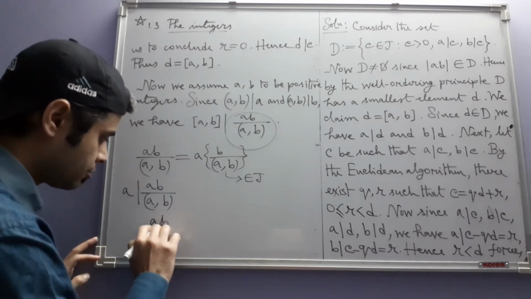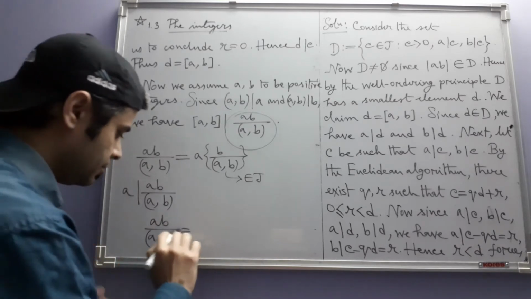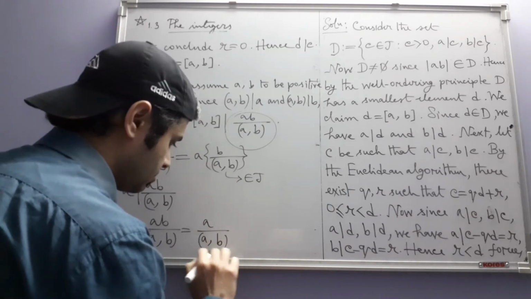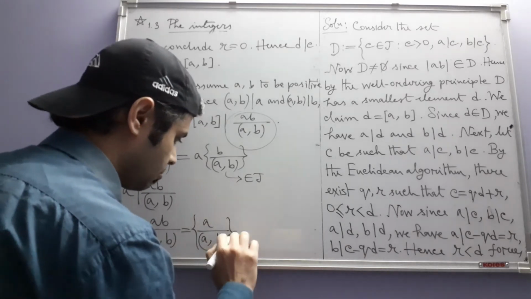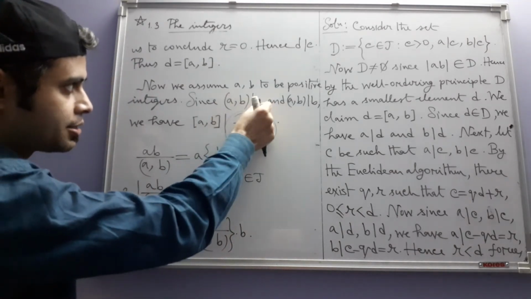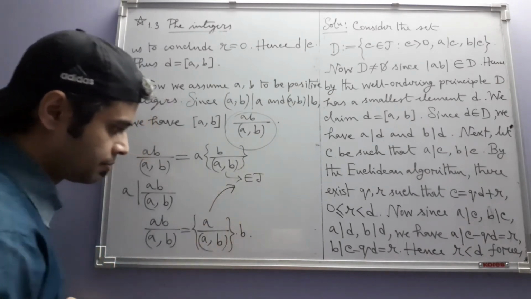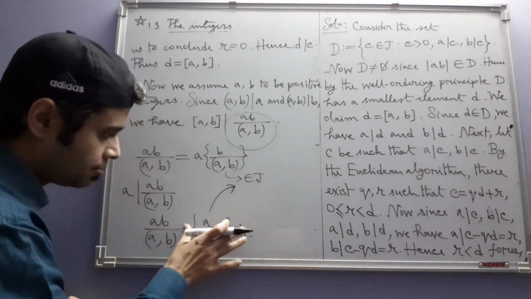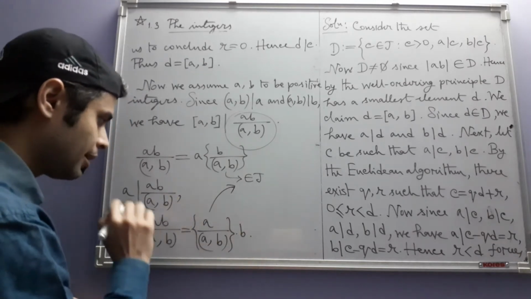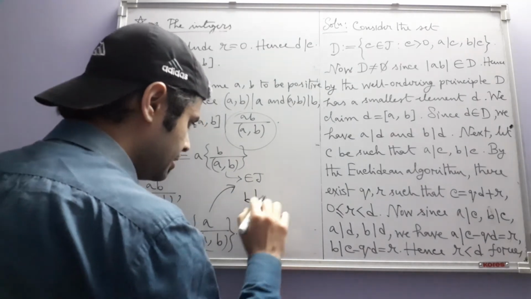Similarly, I can also write it like this. Since the GCD of a and b divides a as well, this is an integer. So this turns out to be an integer multiple of b, and hence I also have this relation. Let me write it here. b is dividing this.